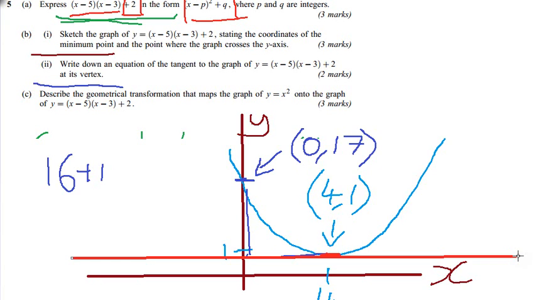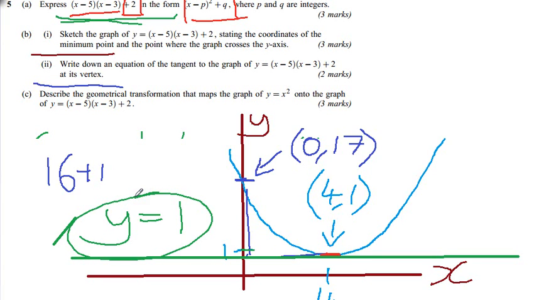And a flat line where y never changes is y equals 1. So y equals 1 is our tangent because it goes through that vertex, and stays like that the whole way.